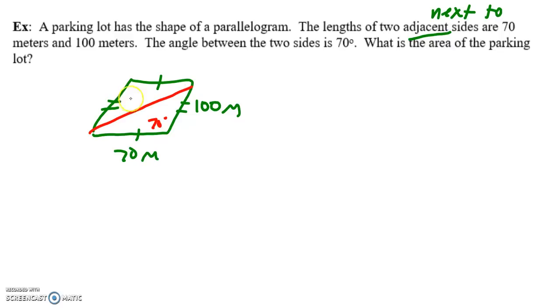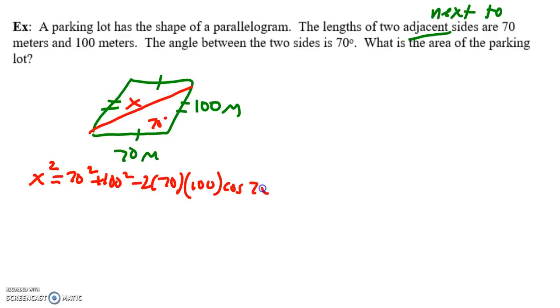So first thing I'd have to do is find x. So I'd have to say x squared equals 70 squared plus 100 squared minus 2 times 70 times 100 cosine of 70. So I'd have to find x first to find the area of just one of these triangles.